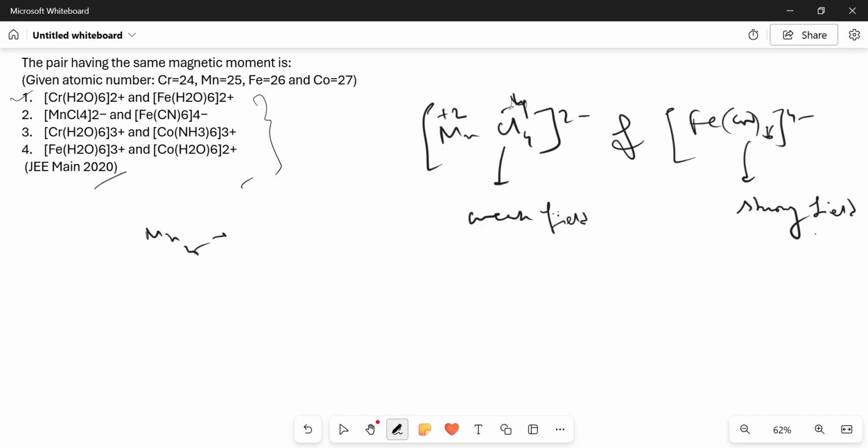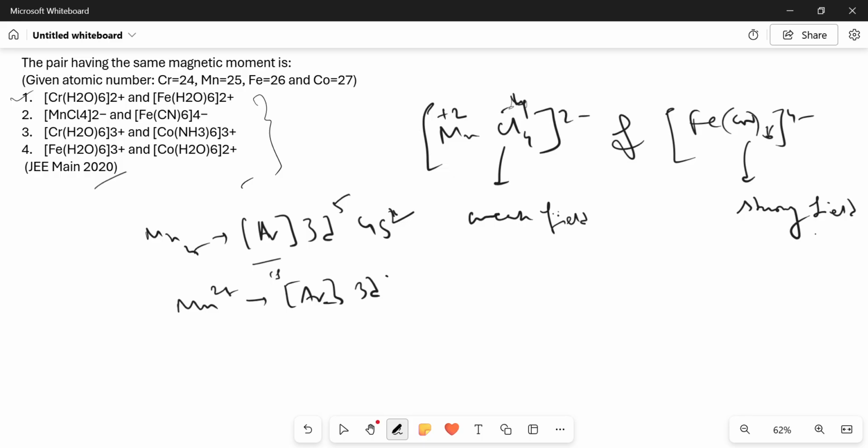Manganese 25 normally is Ar 3d5 4s2. Now manganese 2+ is only Ar 3d5. In case of iron, 6 cyanides give -6, overall -4, so it is the +2 oxidation state. Normal iron is 3d6 4s2, so Fe2+ becomes 3d6 only.